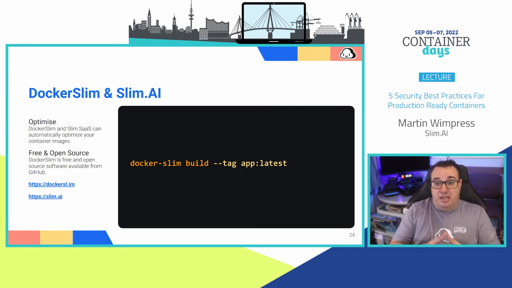The terms slim, minify and optimize are used interchangeably to describe the act of reducing the size of a container image. DockerSlim is a free open source software that's available on GitHub. Both DockerSlim and the Slim.AI SaaS platform can automatically optimize your containers.